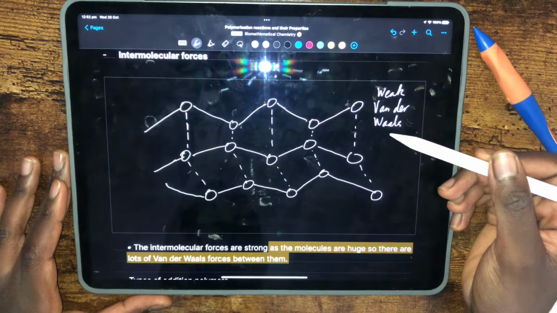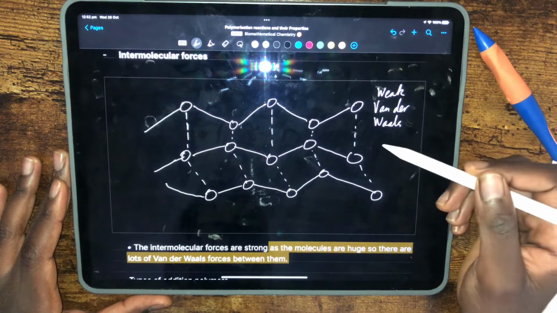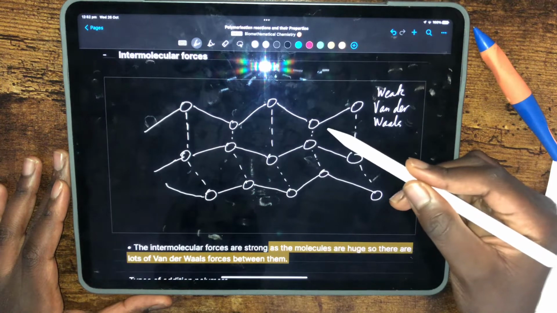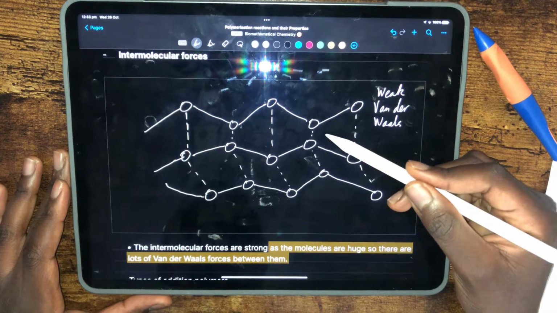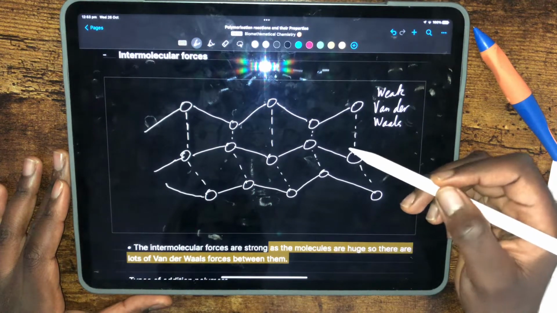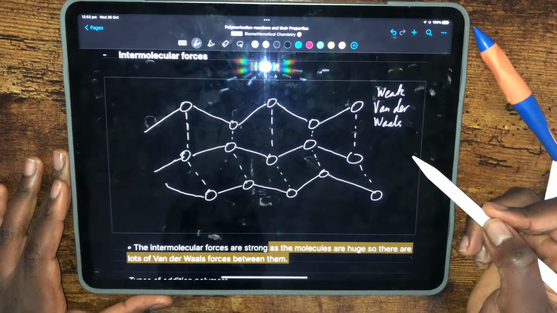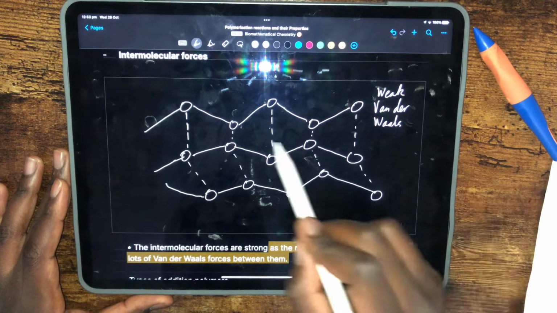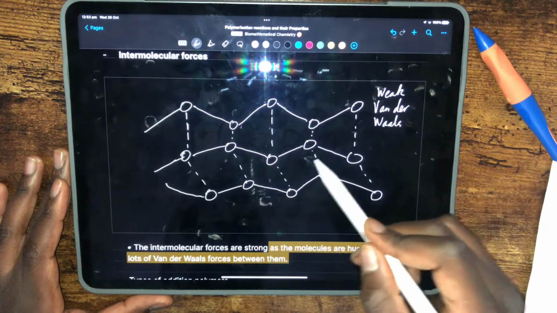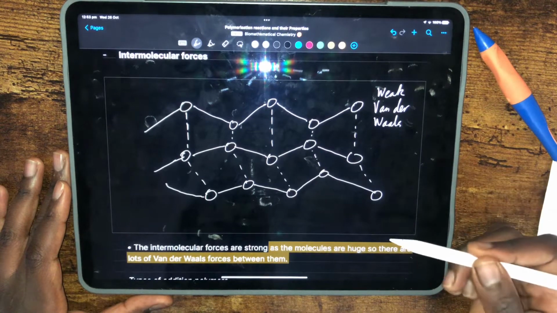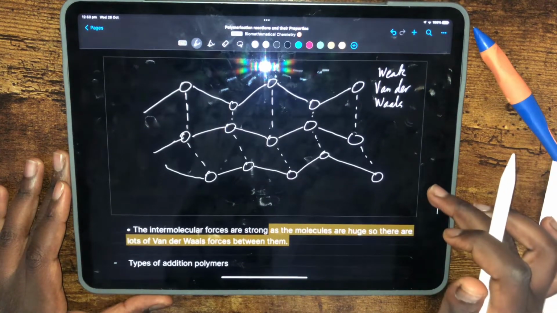You have to say that because it's larger, there'll be more occasions where you have van der Waals intermolecular forces. More van der Waals intermolecular forces means more energy is required to break all the intermolecular forces between the molecules of the polymer, because that's quite a big mark that people miss out on.